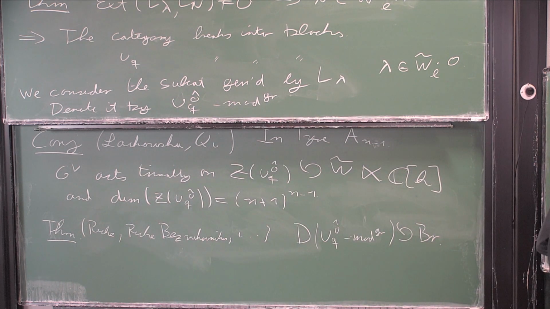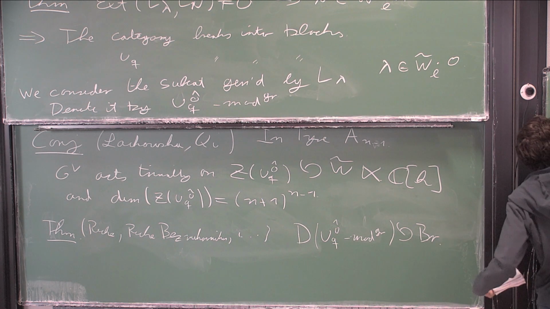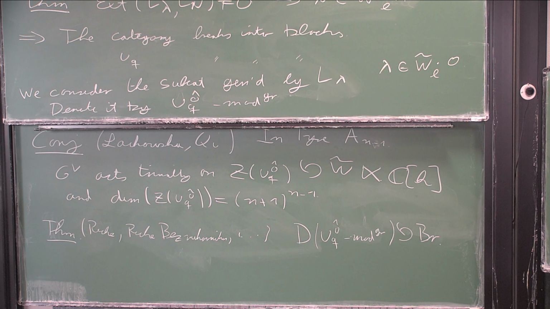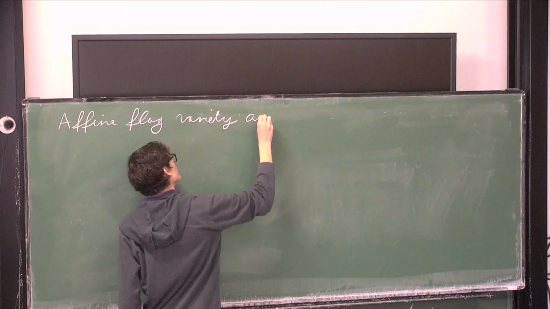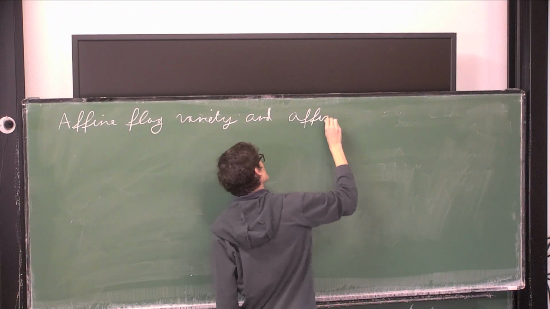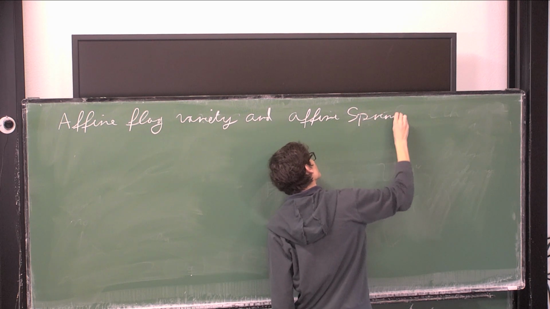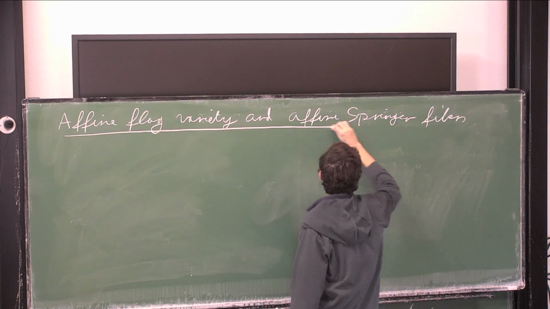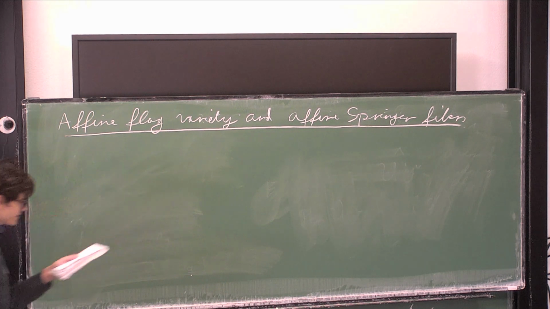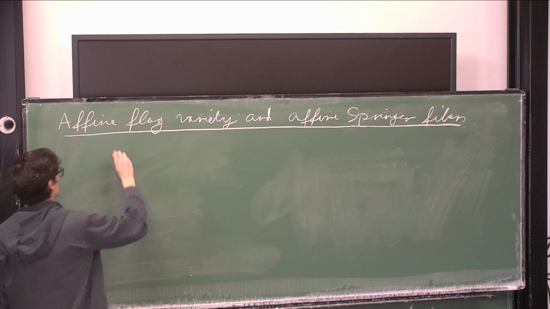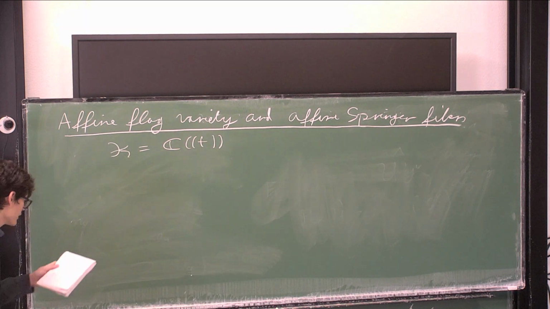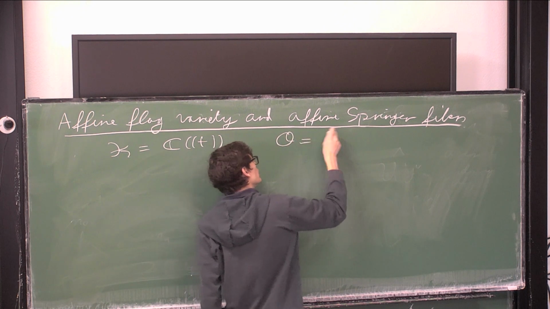Okay, great. So then let me introduce the geometry. So affine flag varieties and Springer fibers. What are the geometric objects that we're going to use to try to describe the center? So K is going to be Laurent power series, and O just regular power series.